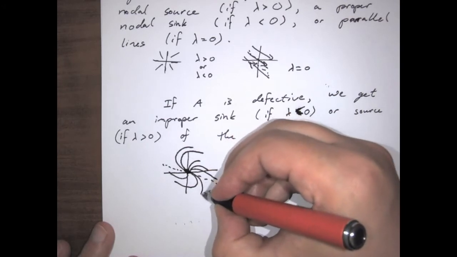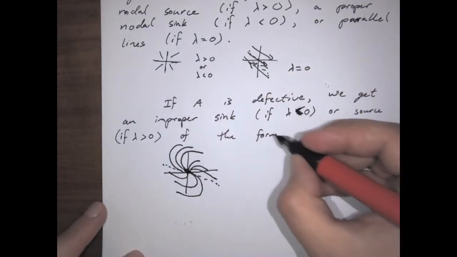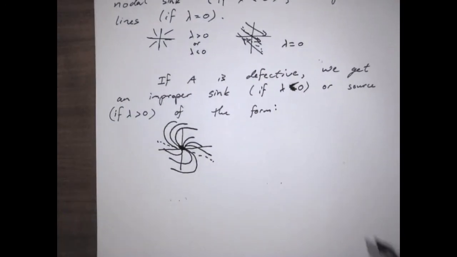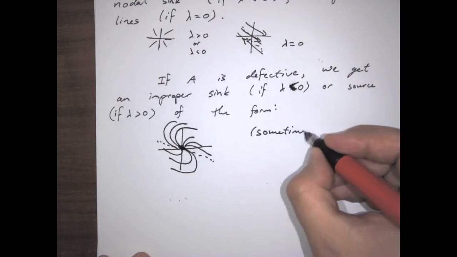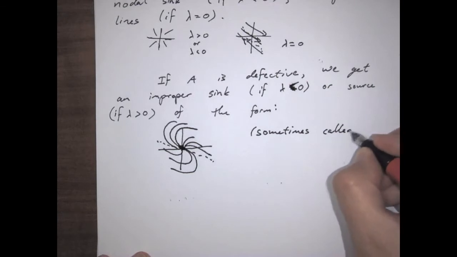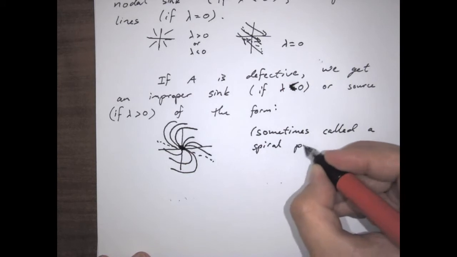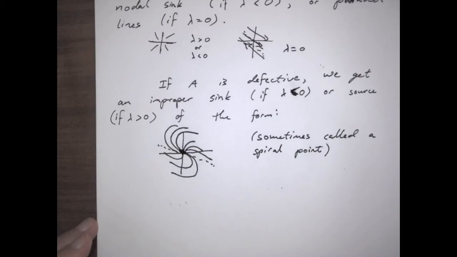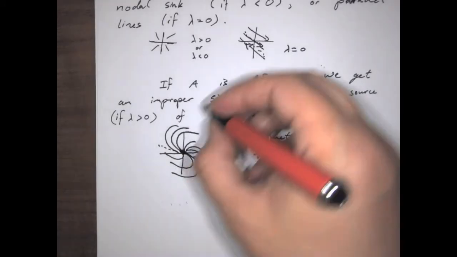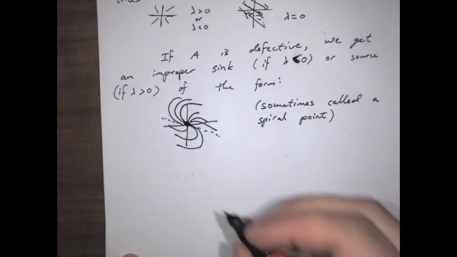So it doesn't quite complete a spiral, but nonetheless it looks kind of spirally. And so sometimes this is called a spiral point, even though it doesn't actually produce a full-on spiraling orbit. To get an actual spiraling orbit that goes all the way around, that requires a complex solution.